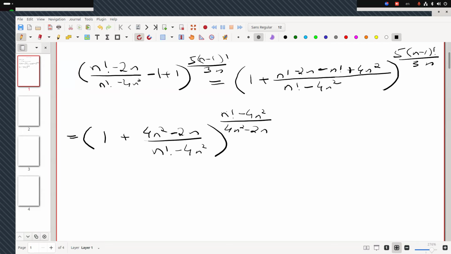This term tends to e. But the power, of course, previously given is not that. It was 5 times n minus 1 factorial over 3n. Let's make it equal to it, so we multiply by the reciprocal. Correct. This is multiplied. Okay.